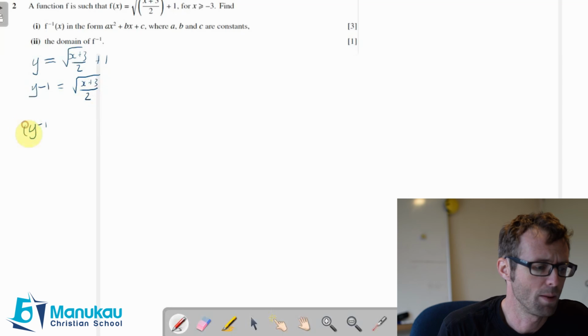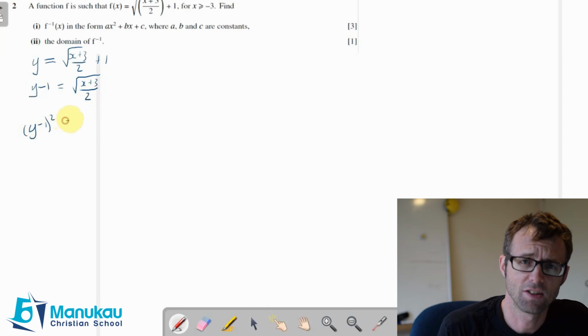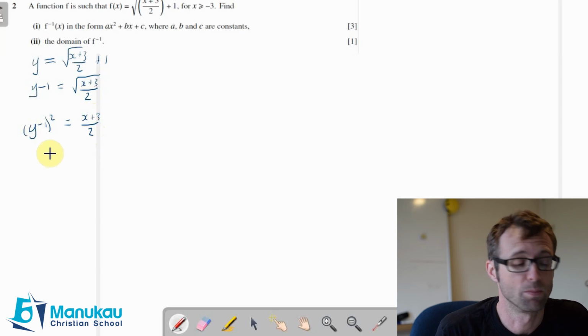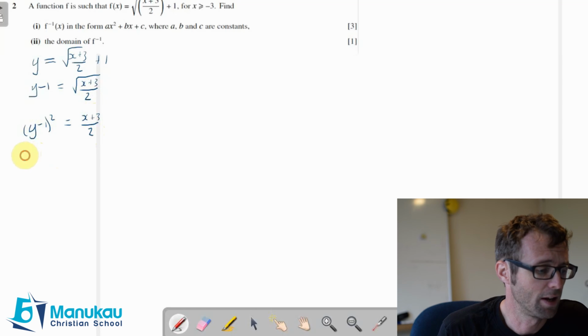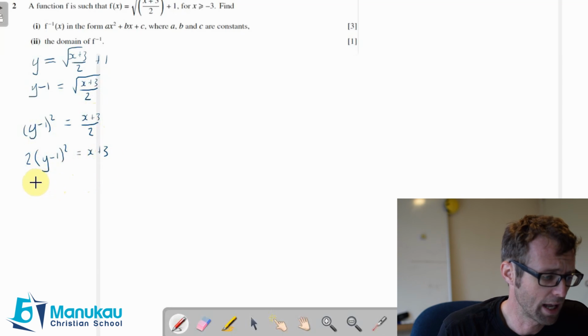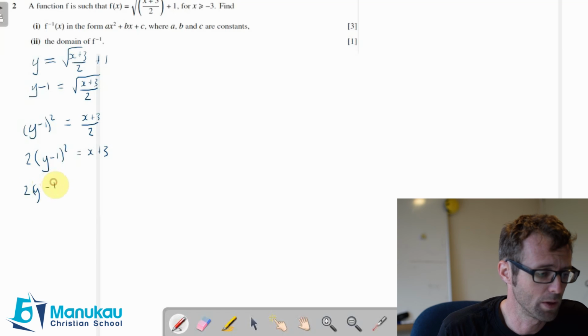So I'm going to have y minus 1 squared on the left-hand side, and on the right-hand side, x plus 3 over 2. Then I'm going to multiply both sides by 2. So the next line will be 2 (y minus 1) all squared is equal to x plus 3. And then I'm going to have 2 bracket y minus 1 all squared minus 3 equals x.